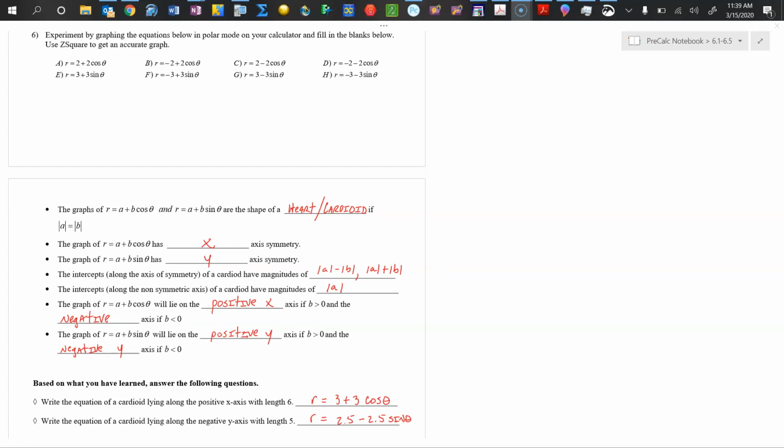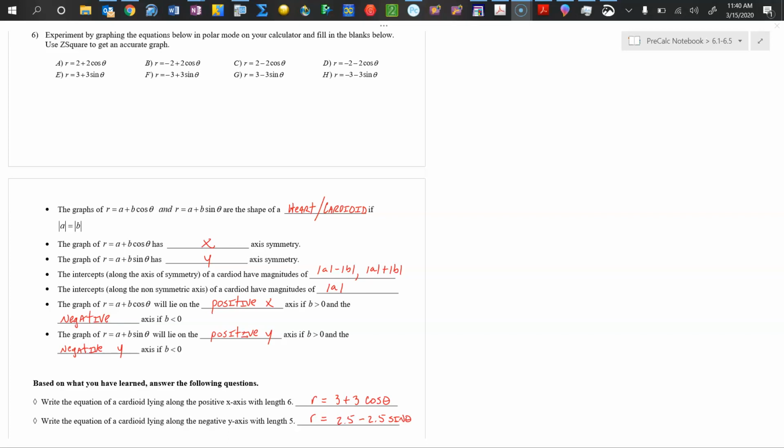So here are the answers to those questions, and hopefully what you've noticed is that when you graph these functions where the coefficients a and b are equal, you always get the heart shape, called a cardioid. If you are using the graph of r equals a plus b cosine theta, it has x-axis symmetry.